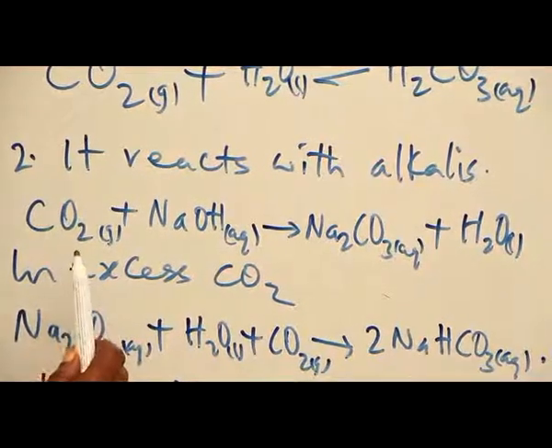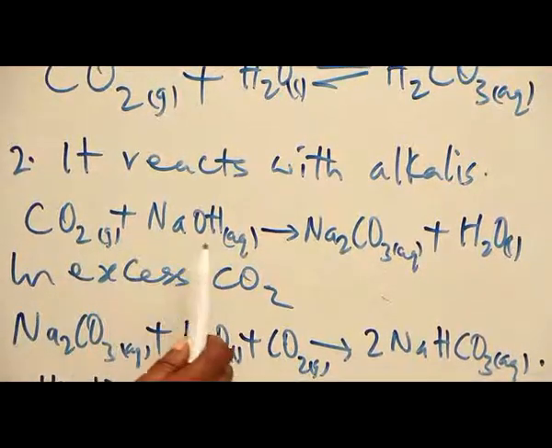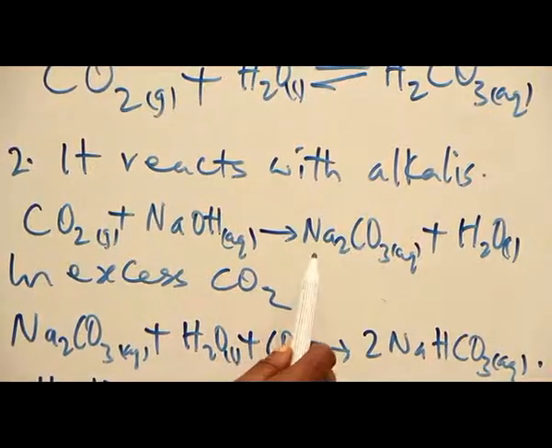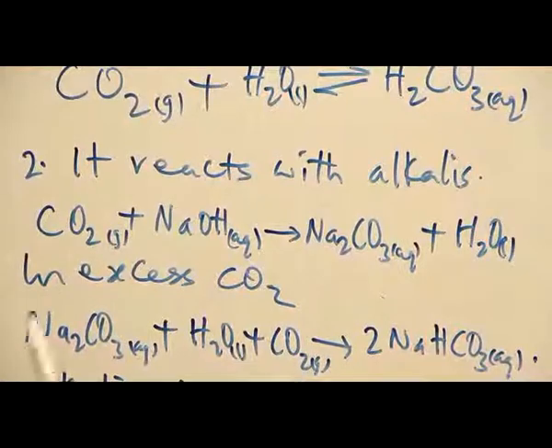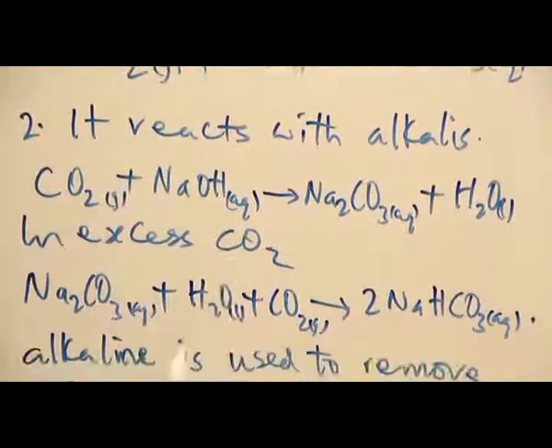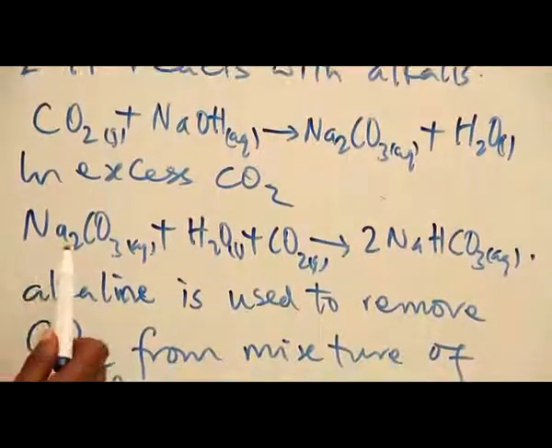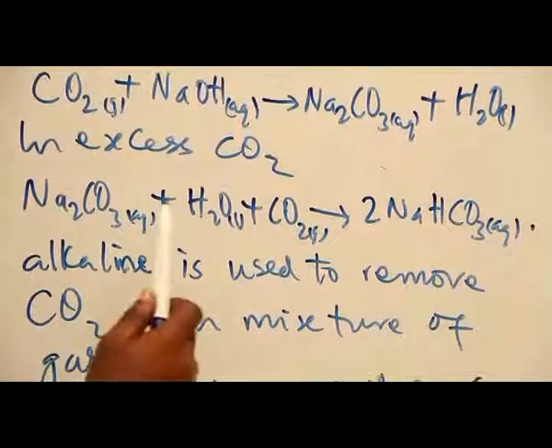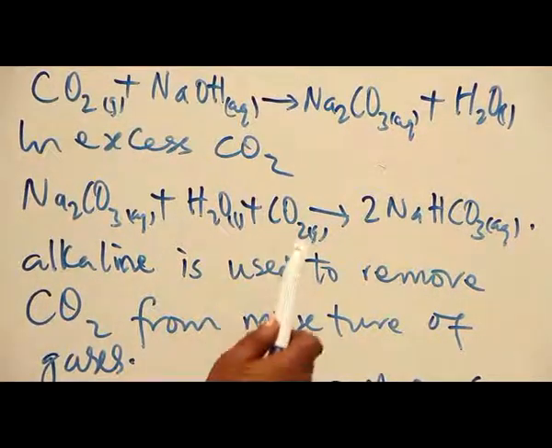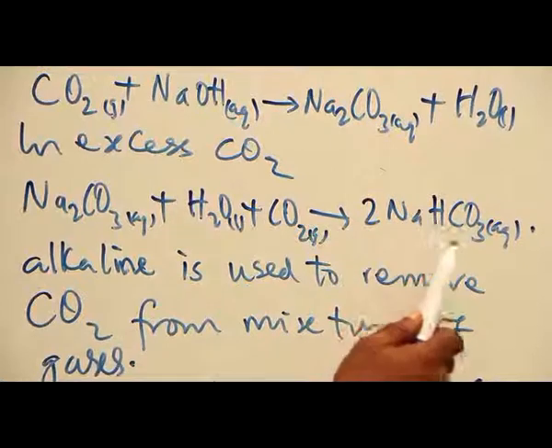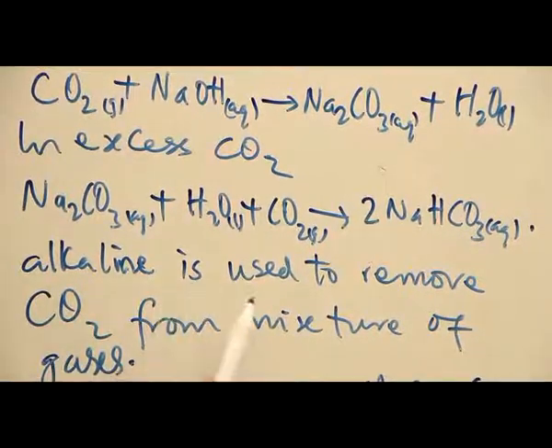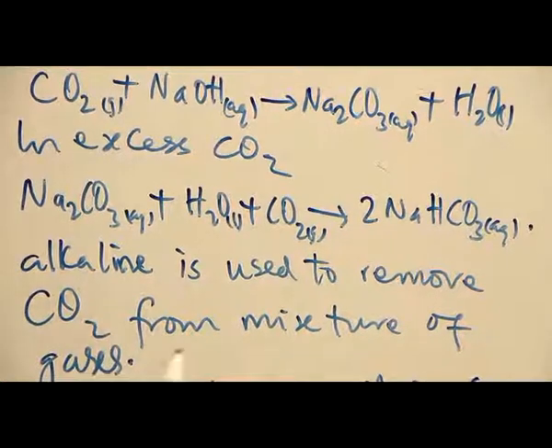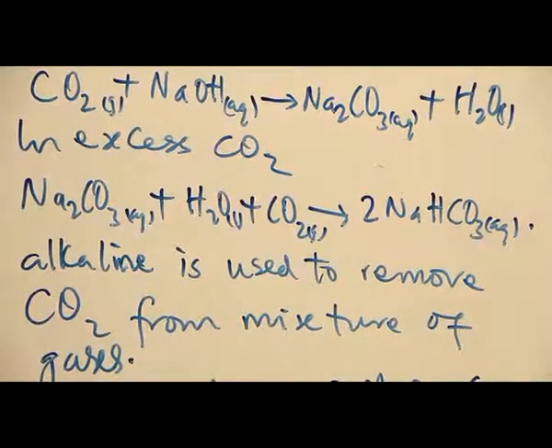Carbon(IV) oxide plus sodium hydroxide gives sodium trioxocarbonate(IV) plus water. In excess of CO2, sodium trioxocarbonate(IV) plus water plus CO2 will give sodium hydrogen trioxocarbonate(IV). Alkali is used to remove CO2 from a mixture of gases.